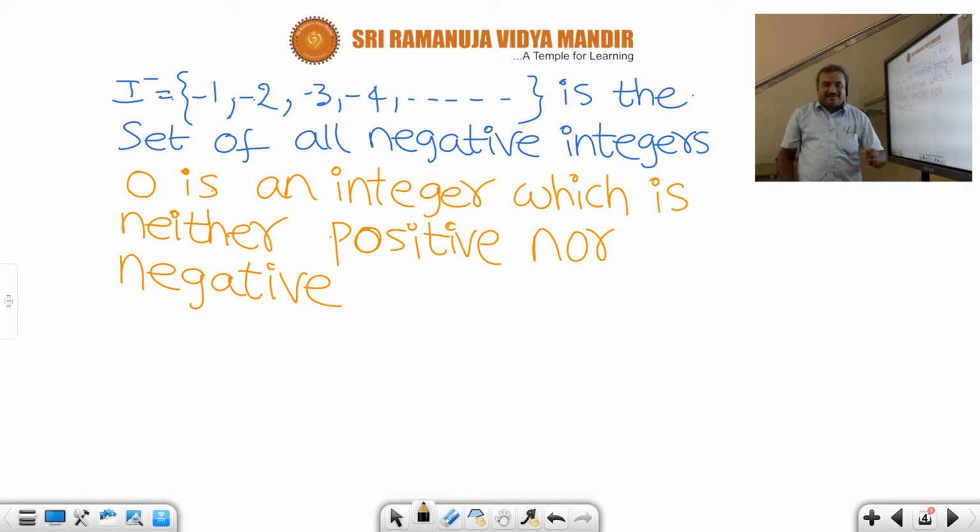What does the set of negative integers mean? -1, -2, -3, -4 and so on represents the set of all negative integers. Next, 0 is an integer which is neither positive nor negative. So this is all about the introduction to the set of integers.